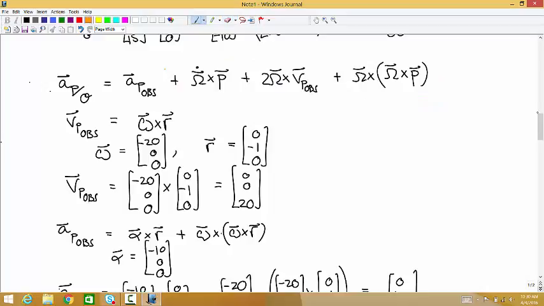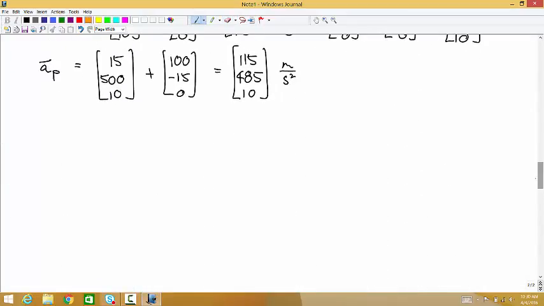Okay, let's do another one. What if we're trying to do it the same way, except the whole system is rotating?